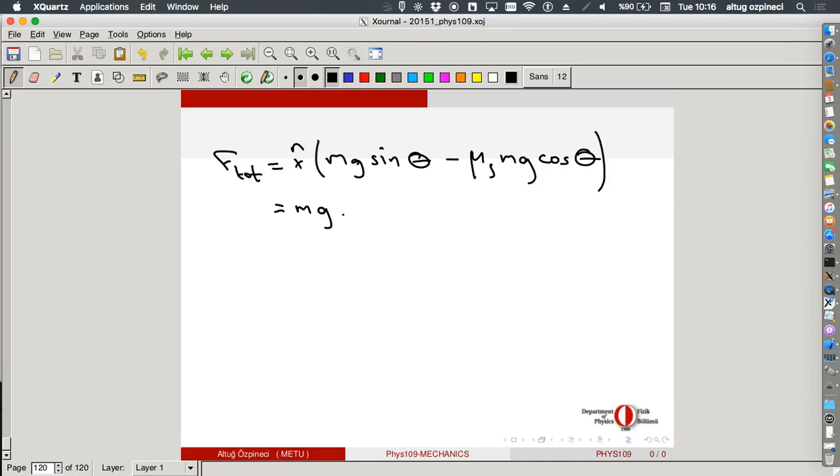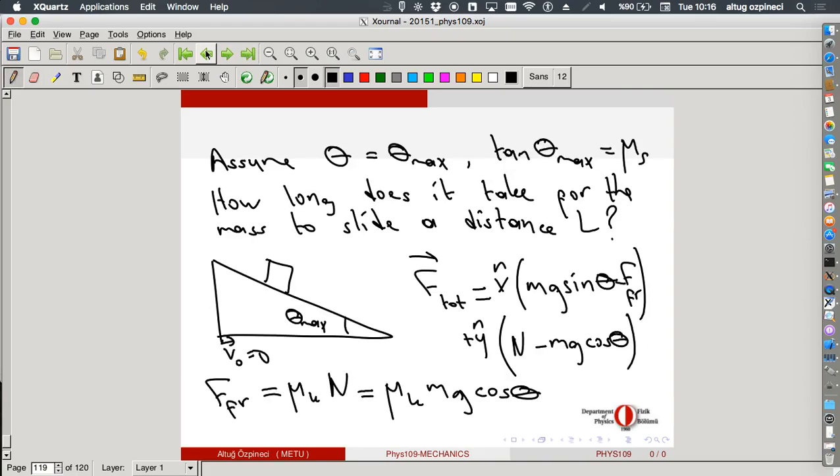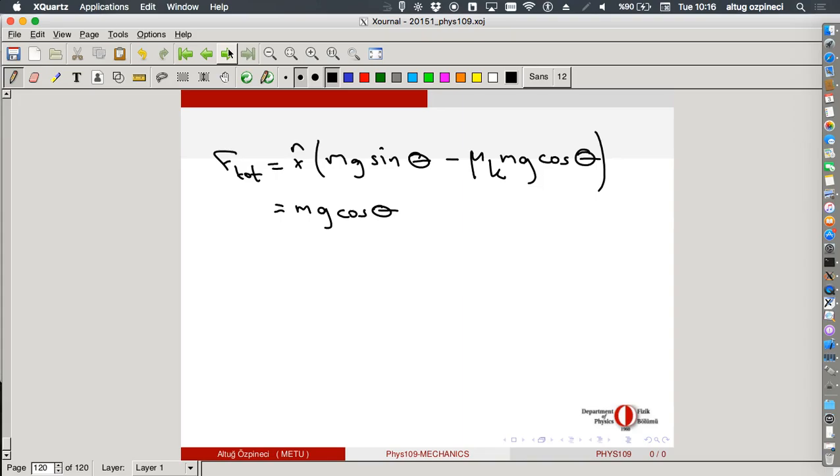Or we can also write this as mg cosine theta, sorry, this is not mu s, it's mu k, times tangent theta minus mu k, in the x direction.